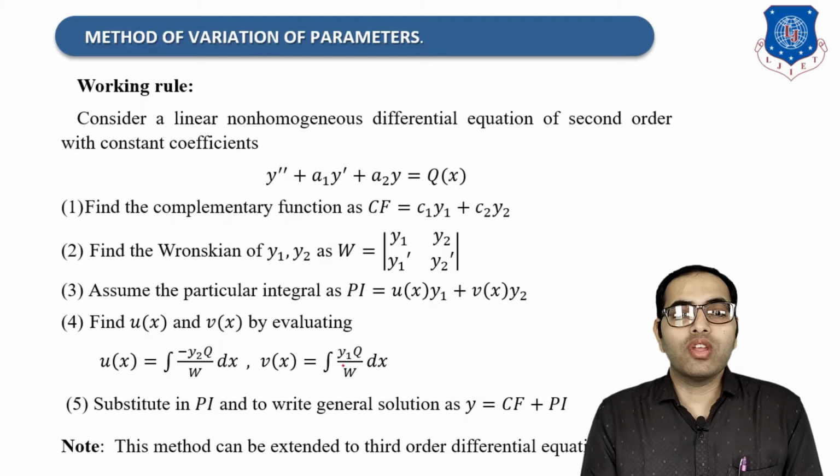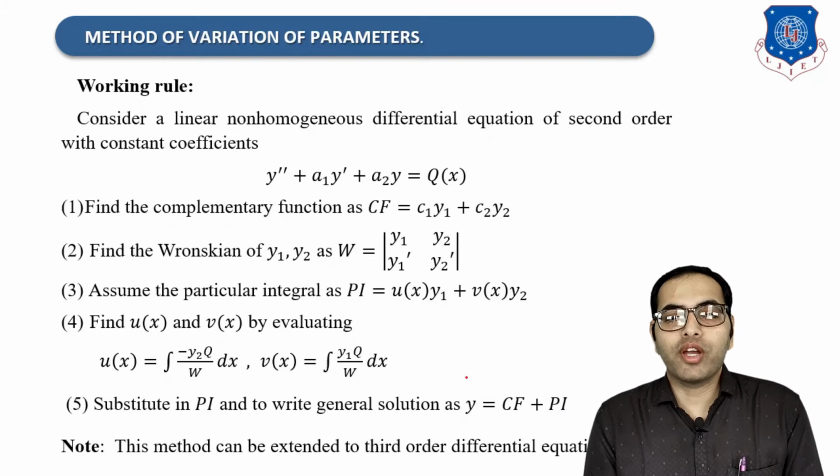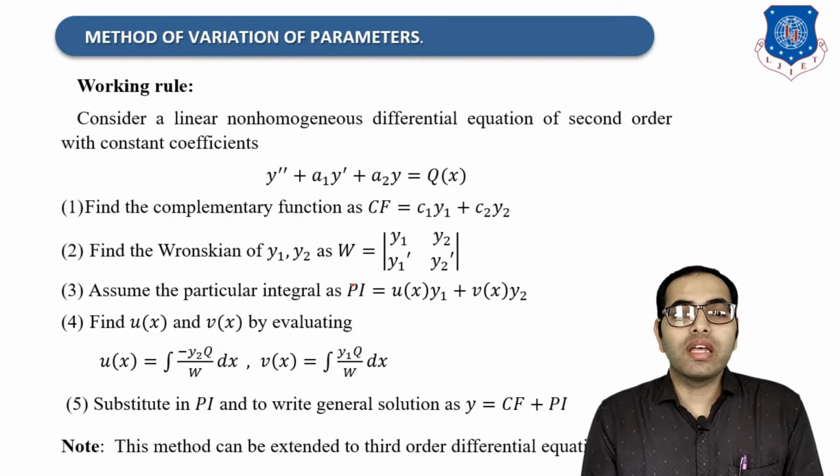Now, substituting u(x) and v(x) in the formula of the particular integral, u(x) y1 + v(x) y2, we get the general solution, which is the combination of the complementary function and the particular integral. This method can be extended up to third order differential equations.